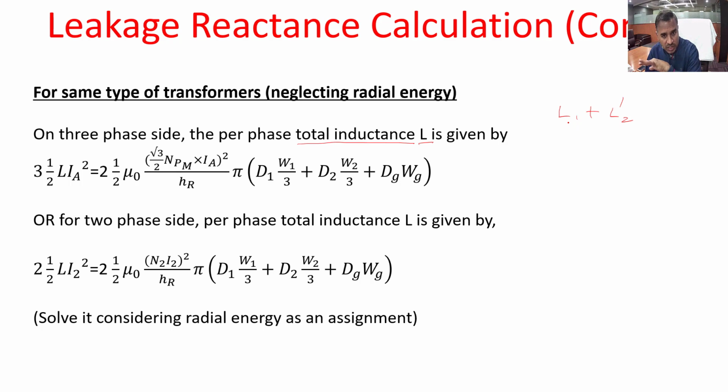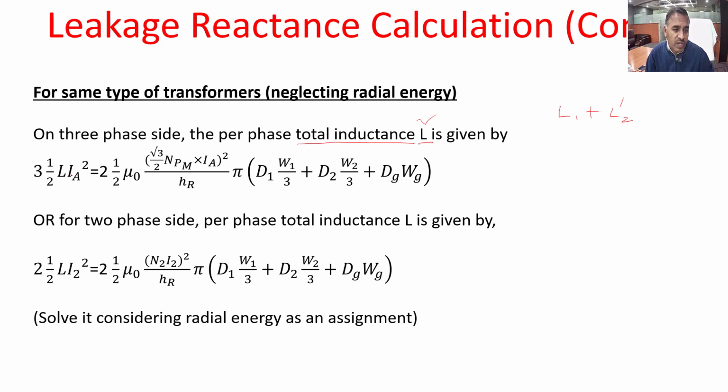That means the secondary side leakage reactance is referred to the primary. So if this is L, then the equation is 3 into half L Ia square, because in a three-phase system you have three phases. So L is per phase only.